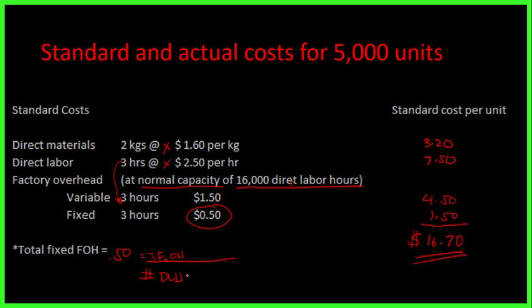Since your direct labor hours is given at 16,000, and the rate is 0.5, this means that your fixed overhead is $8,000. Feel free to screen capture this, take a screenshot, because we will come back to these later.